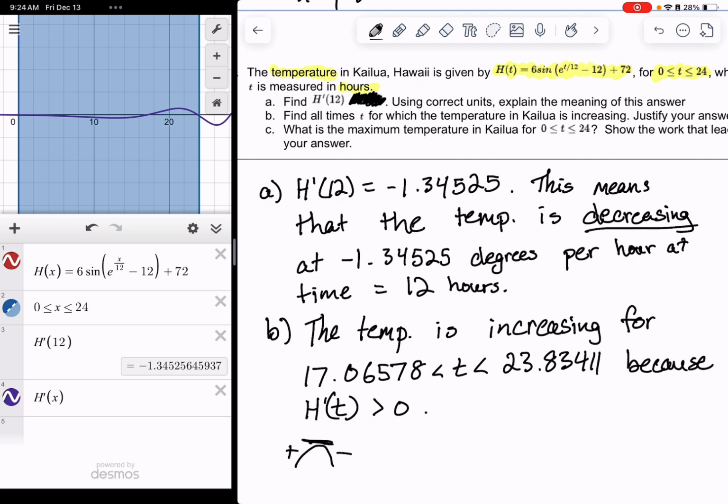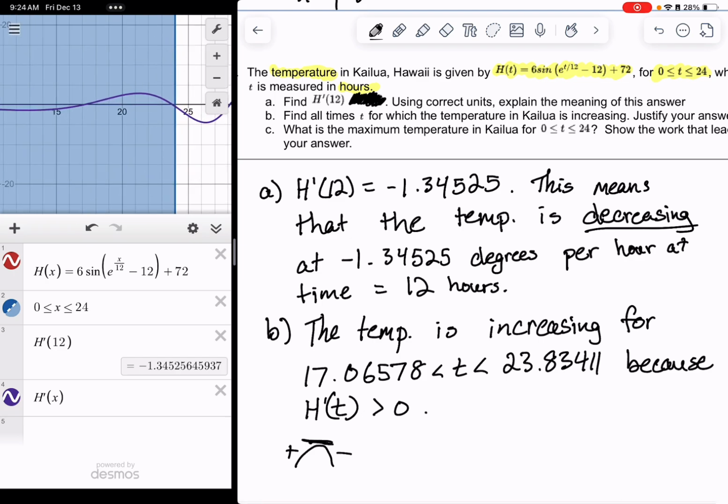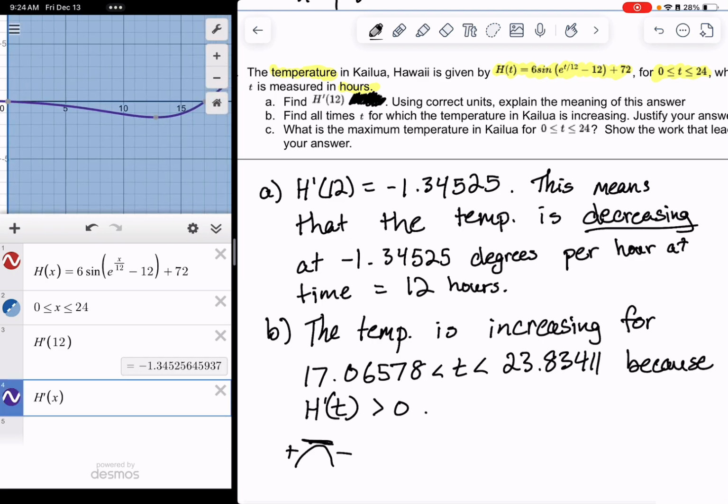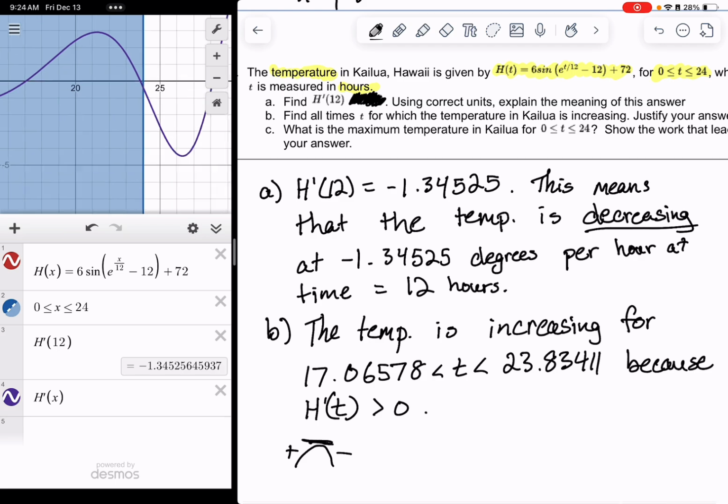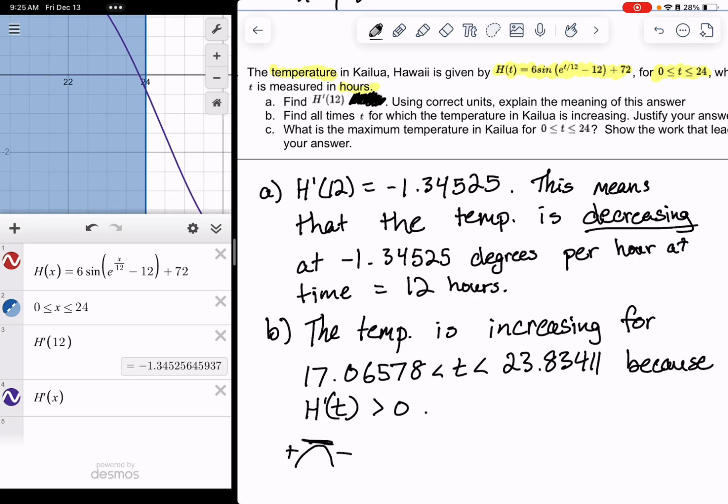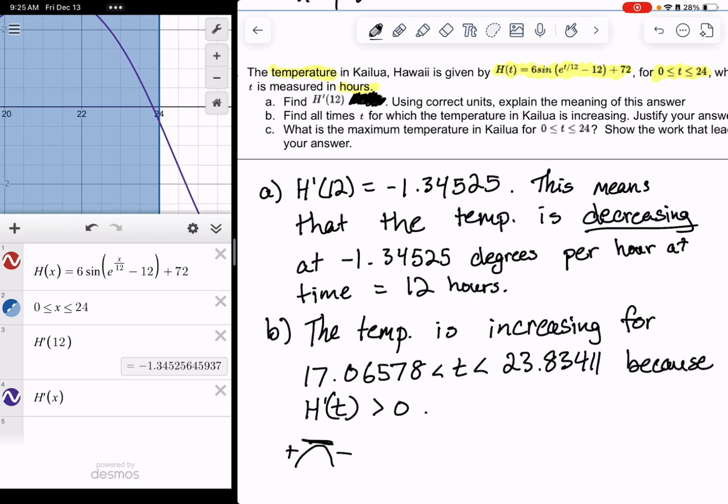Well, the only place where we change from a positive to a negative is when the derivative, h prime of x, changes from a positive height to a negative height.